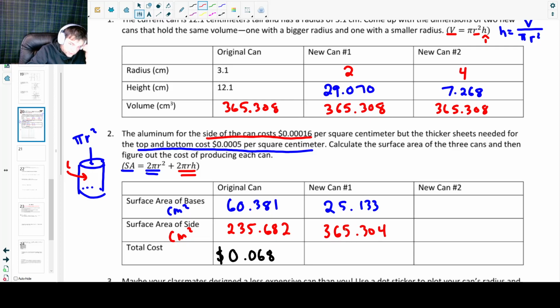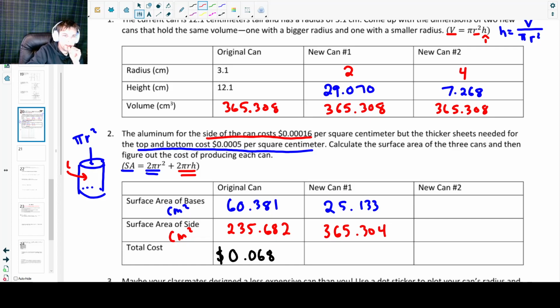So again, kind of calculating this out. Now I'm going to plug these new areas into my cost calculation, multiplying the area of the bases times the cost of making the bases, and my surface area for the sides times the cost of making the sides. Cool. So for the sides now we have 365.304, and for the bases we now have 25.133.